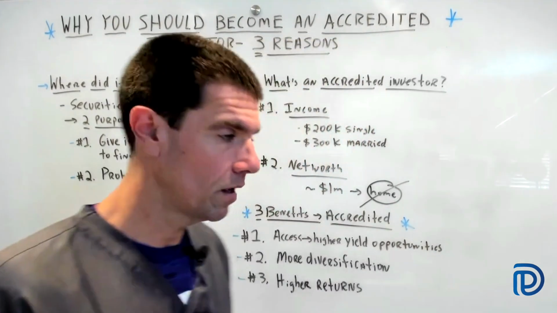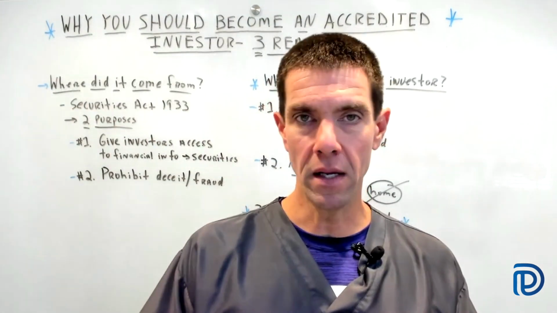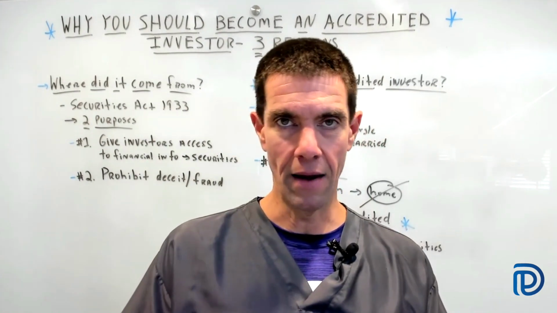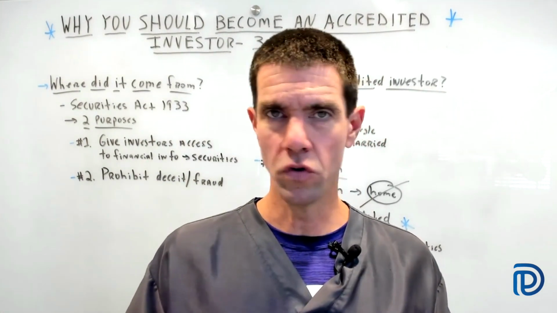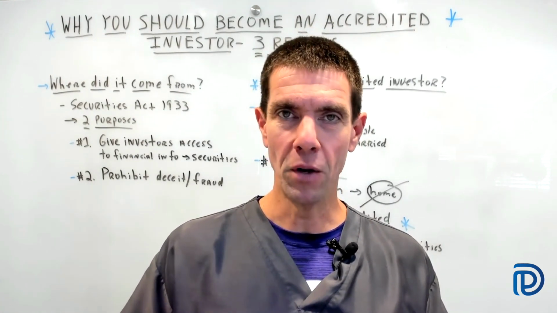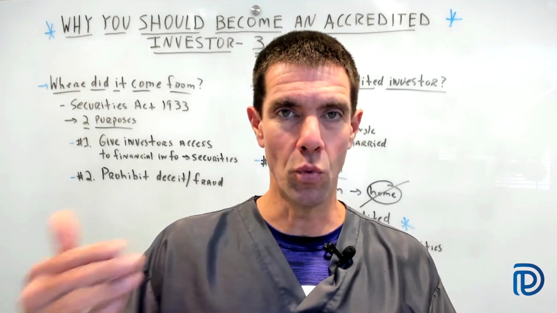Benefit number three of being an accredited investor is higher returns. If I become a millionaire after 30 years and you become a millionaire after 1 or 2 years, who's the richer person? Well, we're both millionaires, right? But building wealth in a shorter amount of time allows you to compound at a much more rapid rate.